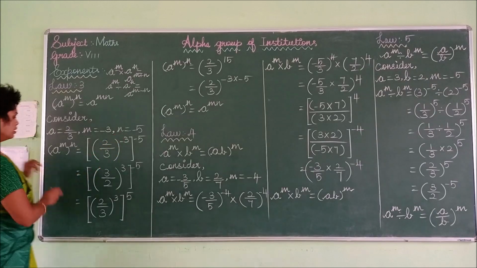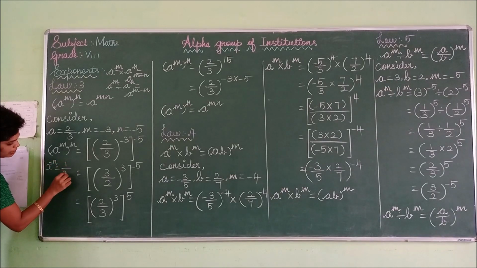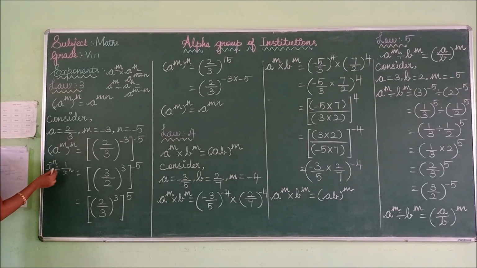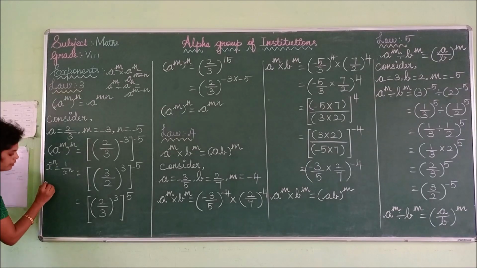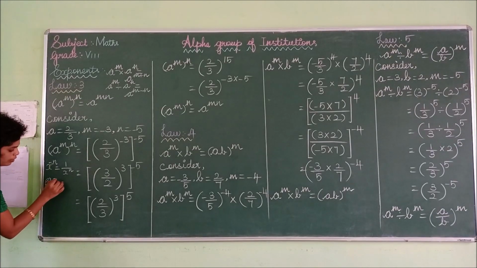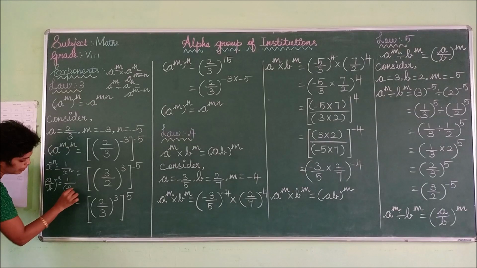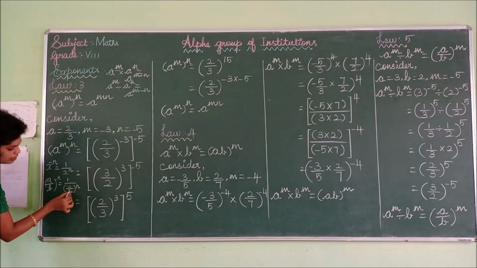So you know one thing. If it is x power negative n, we can write it as 1 by x power positive n. In a similar way, a by b whole power minus n is equal to 1 divided by a by b the whole power n.